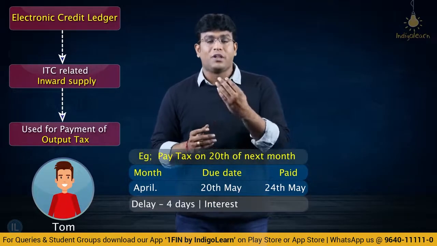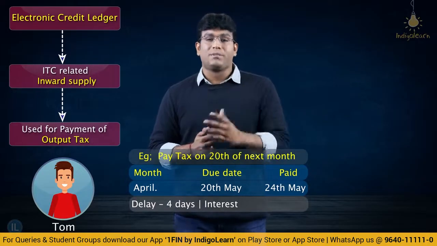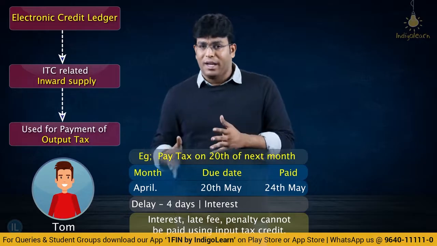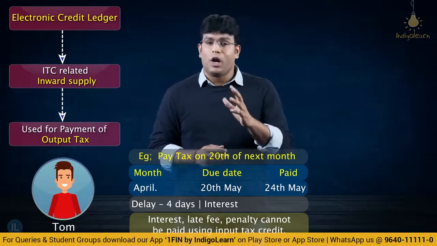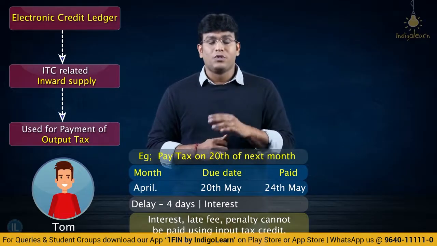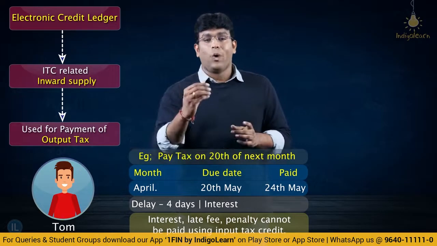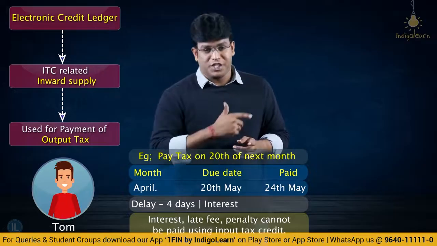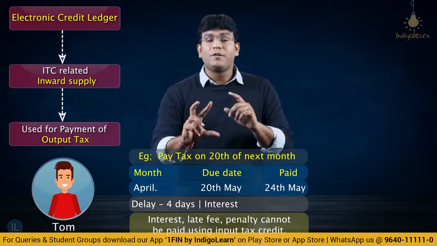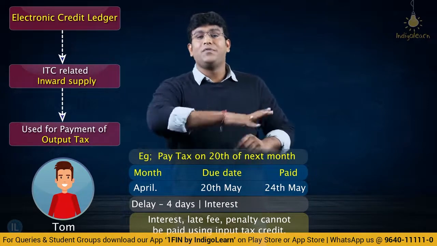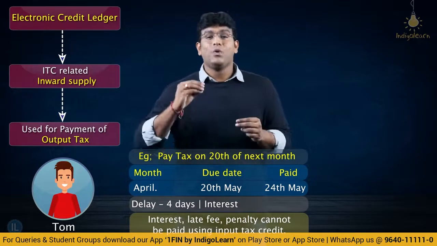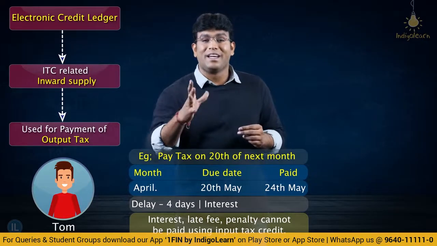And let me tell you friends, for these 4 days, we have to end up paying something called interest. At what rate and all, we'll talk separately. But he definitely has to pay interest. But my dear friends, let me tell you an interesting point. Whenever you have to pay interest, or a penalty, or late fees, these things cannot be paid using the electronic credit ledger.